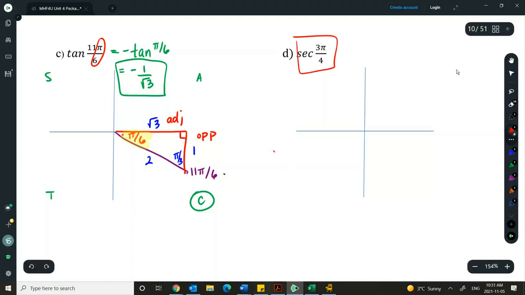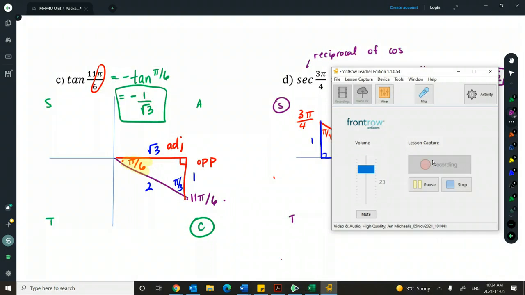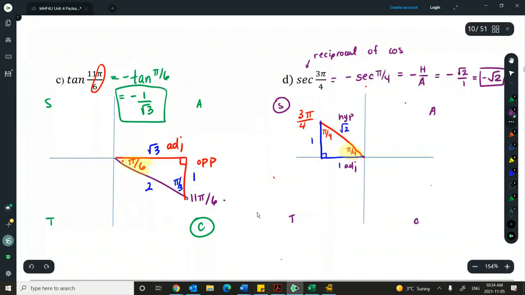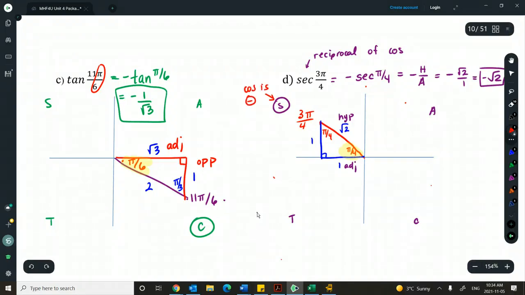Okay, secant of 3 pi over 4. I'm going to give you guys a couple of seconds head start on this one. All right, so here's our 3 pi over 4 angle right here, as I had before. Secant is the reciprocal of cosine. So if we're in the sine quadrant, cos is negative here, which would also make secant negative.